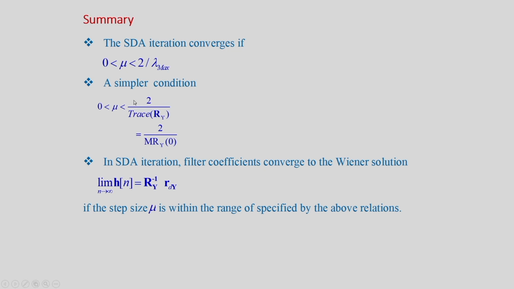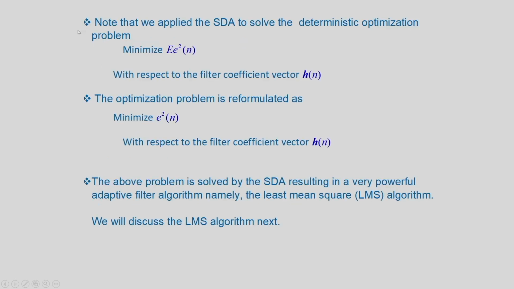Therefore, the SDA iteration will be convergent if we select mu less than 2 by m Ry 0. In SDA iteration, the filter coefficients converge to the Wiener solution, that is the limit of hn as n tends to infinity is equal to Ry inverse into small rdy, if the step size mu is within the range specified by the above relations.